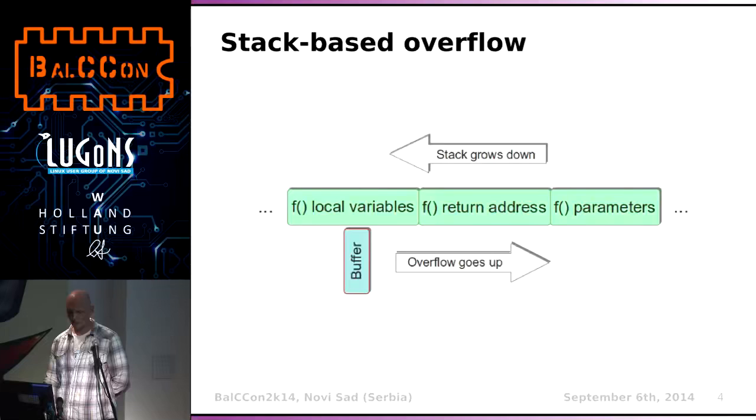Most usually we are targeting this part, the return address of the current function, most commonly described as the EIP. So you are taking control of the EIP. If you are able to write here, we will be able to jump to an arbitrary address of our interest in the further attack.